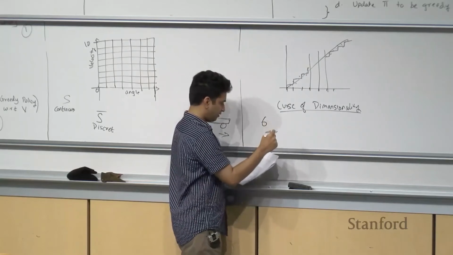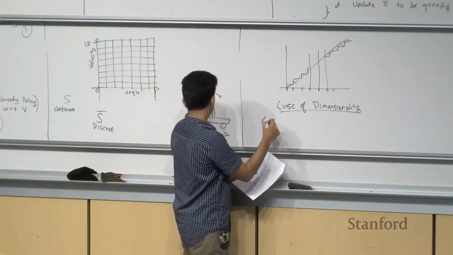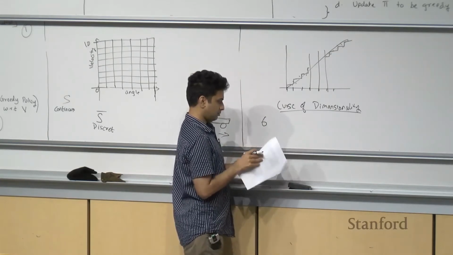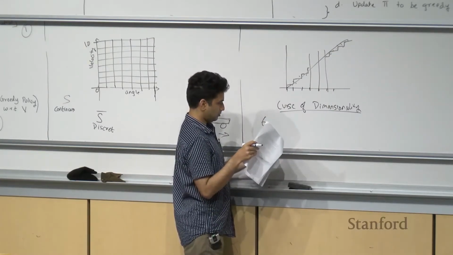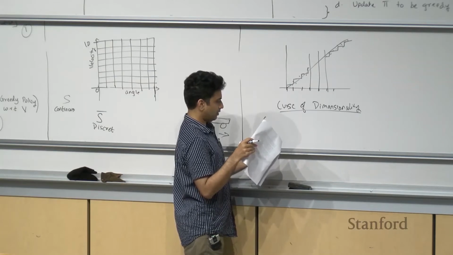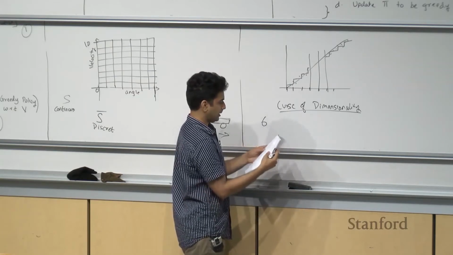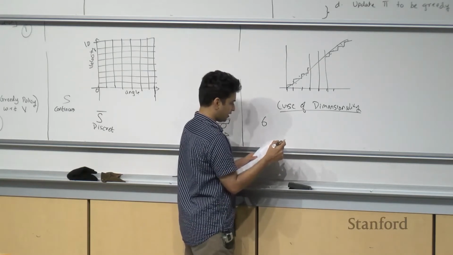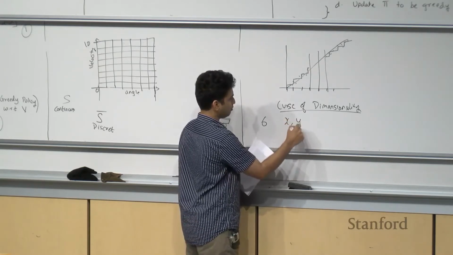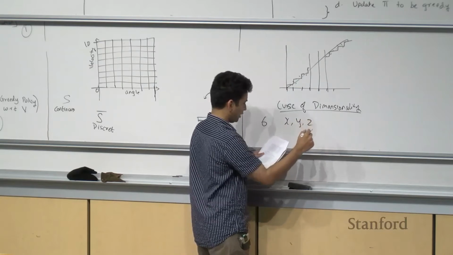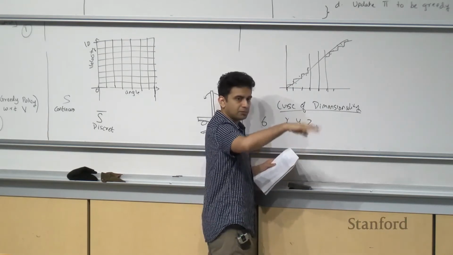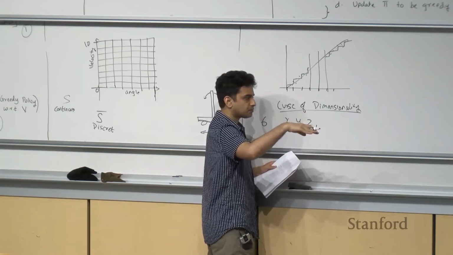Supposing you're trying to learn a helicopter, then the states you have are the x position, y position, z position, and the angles at which the helicopter is pointing.